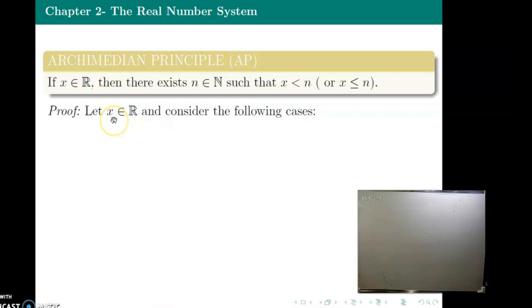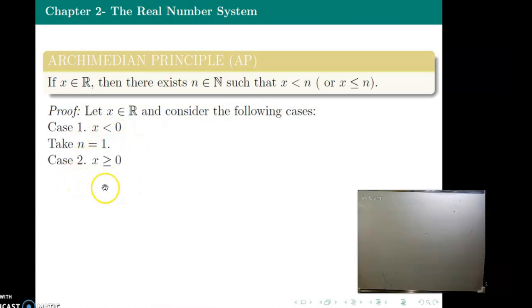We let a real number x, and then we will consider the following cases. First case, if x is negative. So if x is negative, of course we can take n equals 1, wherein a negative number is less than 1.